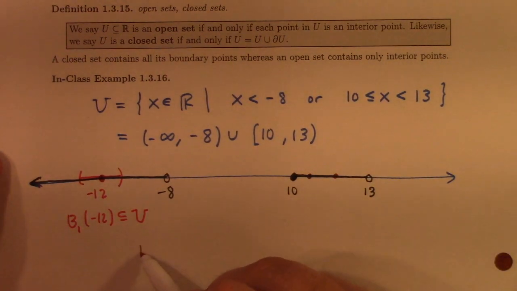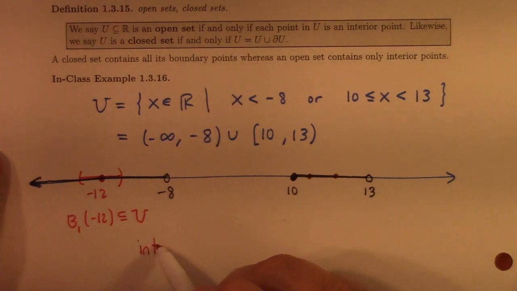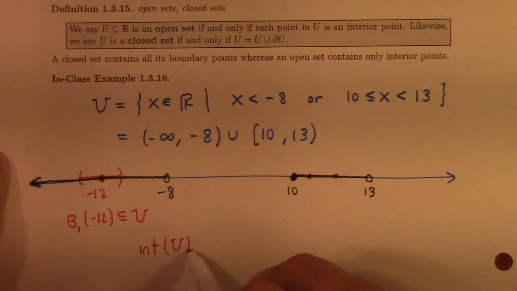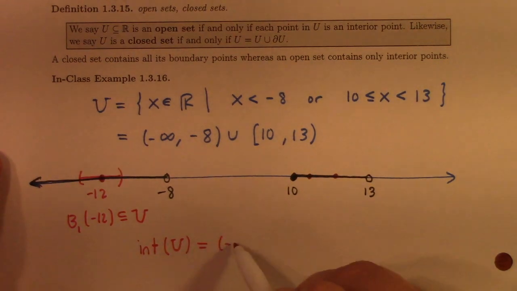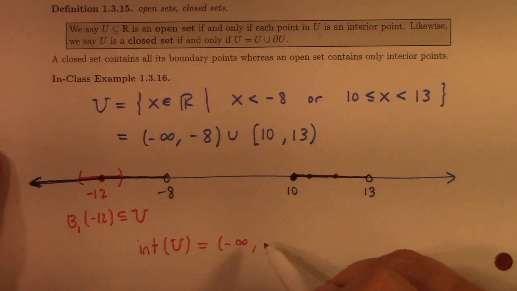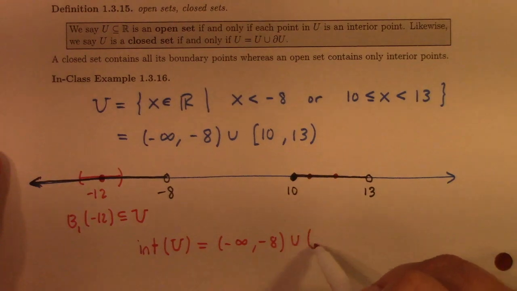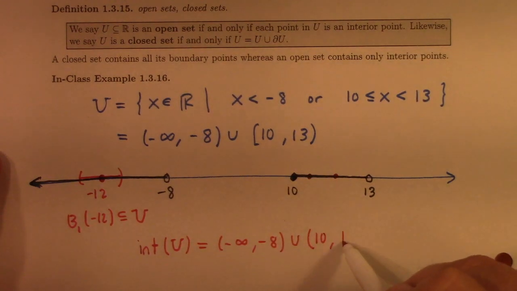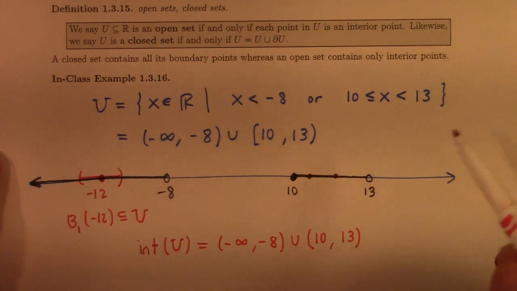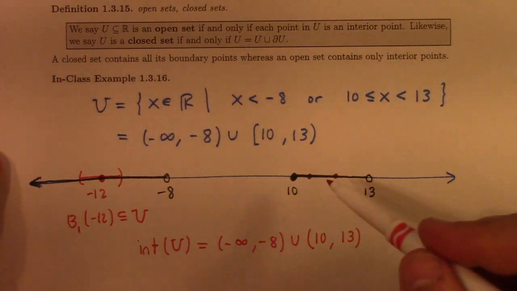So let me just get to the point here. The interior points of U are -infinity all the way up to -8, as well as 10 not included to 13. Now, notice that 10 is not an interior point.